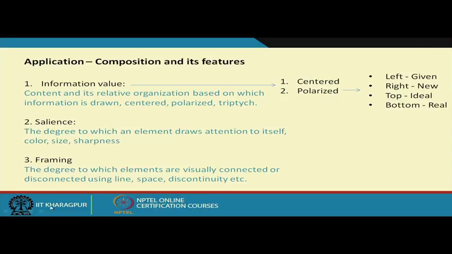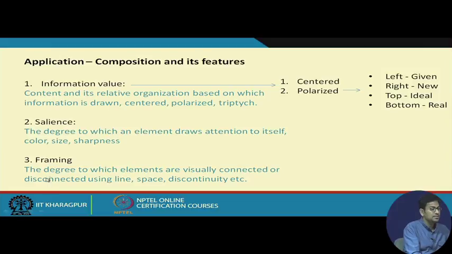And the last one is framing. Framing is the degree to which elements are visually connected or disconnected using line, space, or discontinuity. All visual designers heavily bank on framing, but mind it, framing is somewhere between connection and disconnection.